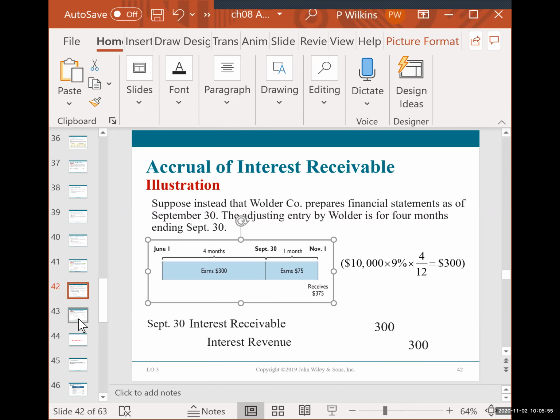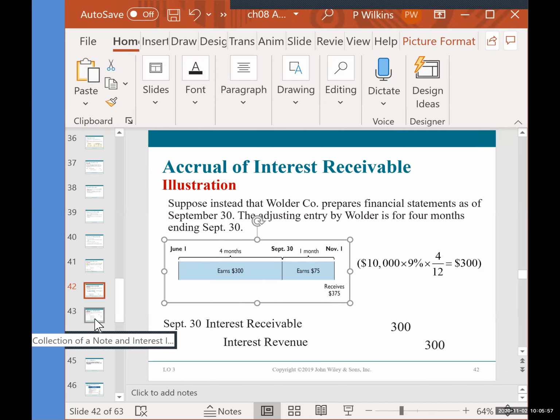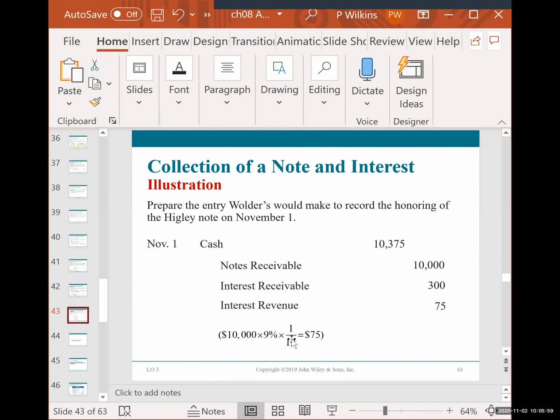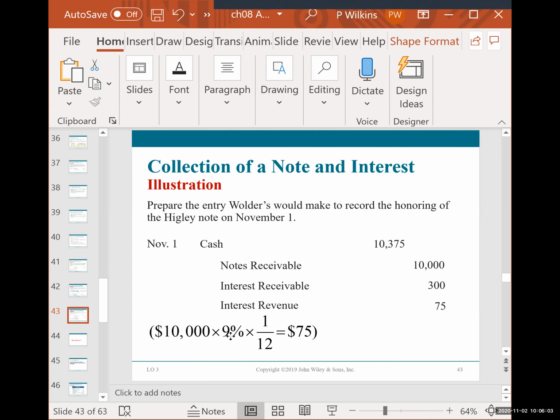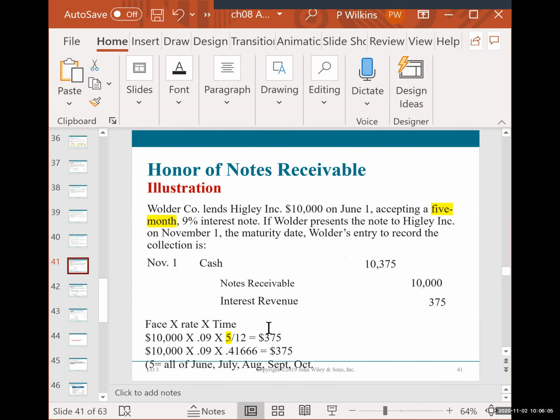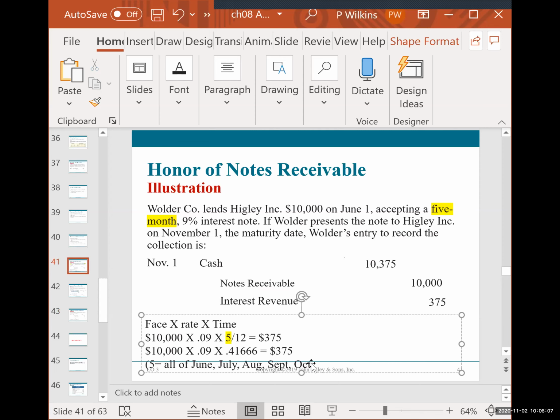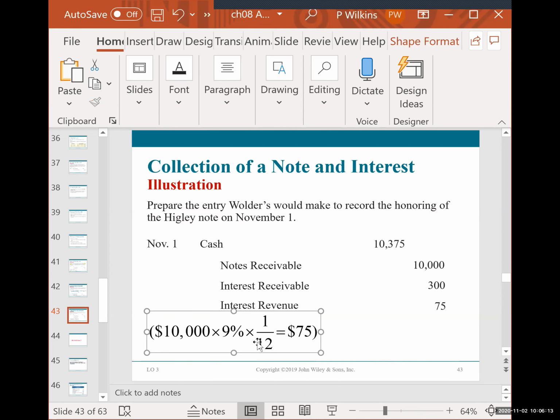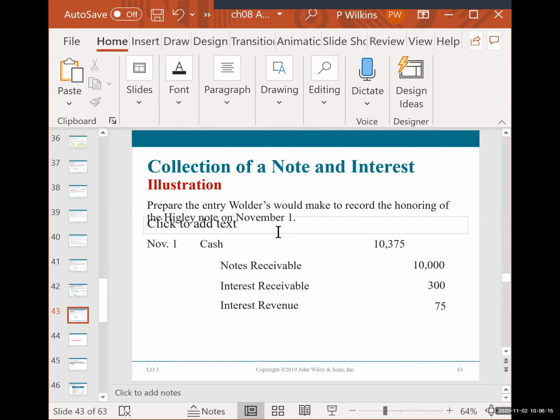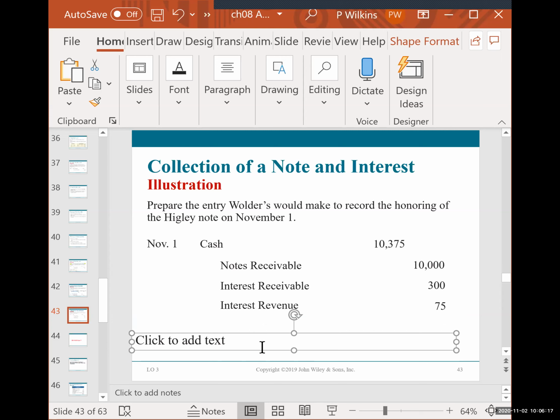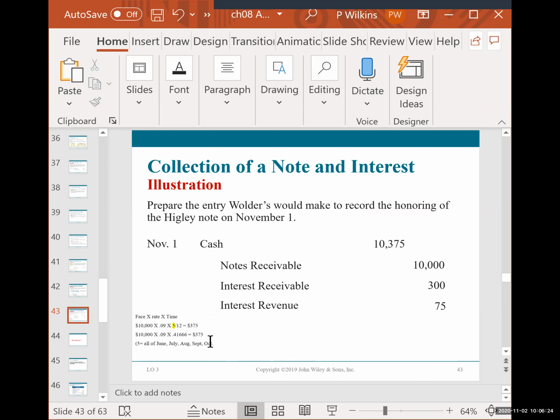Now, when we go to the next slide, you're going to see here that something's a little bit different, okay? Because remember how I said you have to ask yourself, I went back to this slide because I want to copy and paste this information and paste it on the bottom of this one here. Whenever you do a payment of a note, the first thing you ask yourself is, when was the last time interest was done, right?